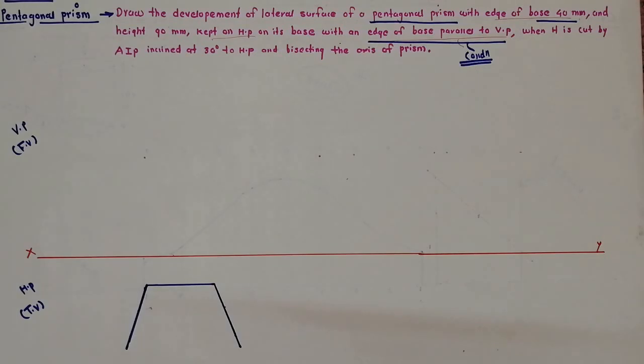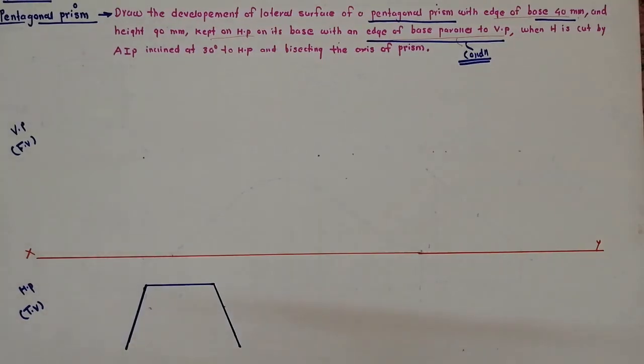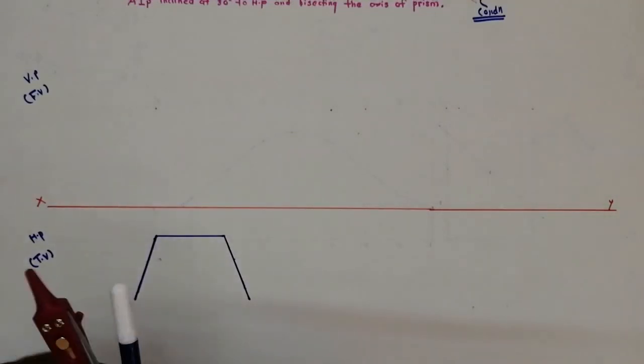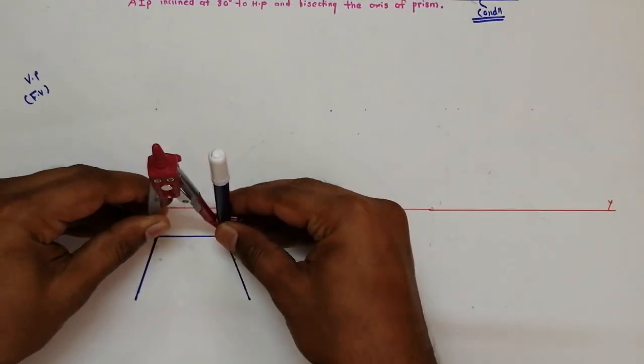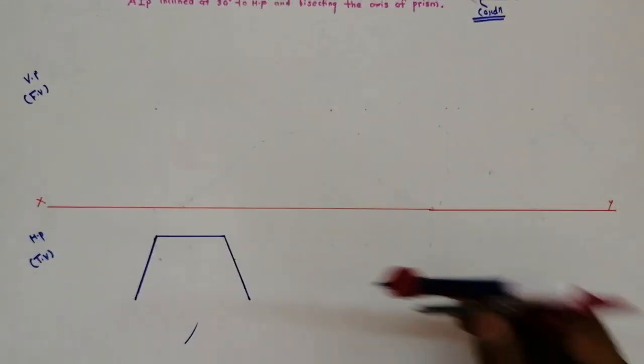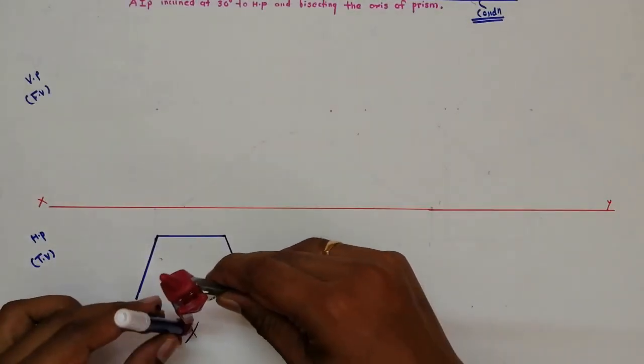Now from these two intersections, again take a 40 mm distance in the compass. From here this is 40 and from here this is 40.